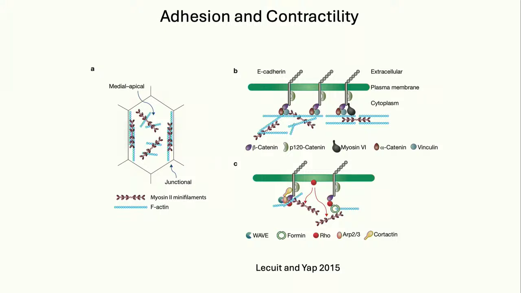A lot of times E-cadherin can be present on its own, it can be present bound with neighboring E-cadherins, and this extracellular domain is what actually brings the neighboring membranes together.